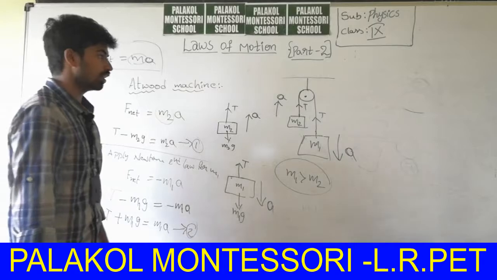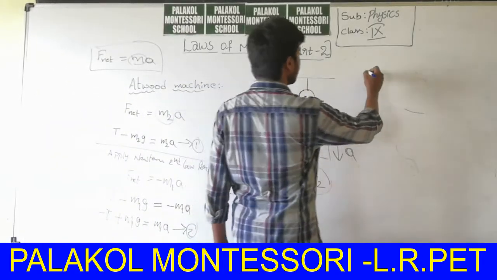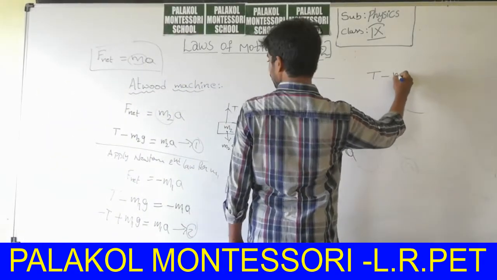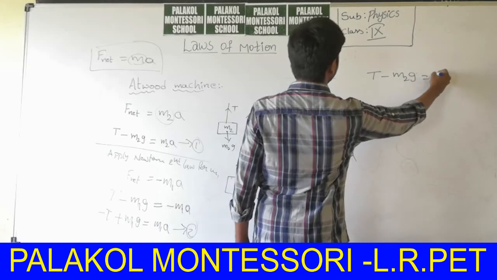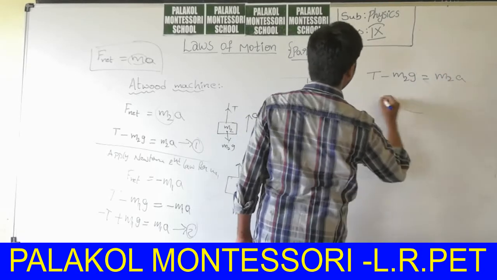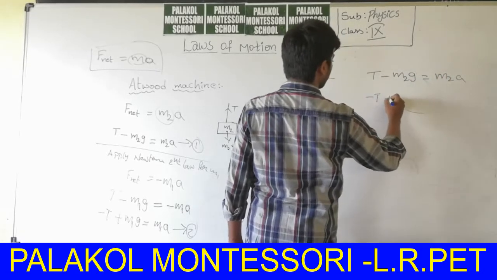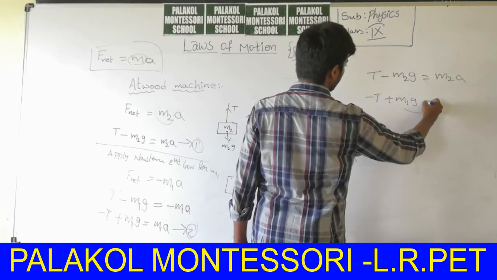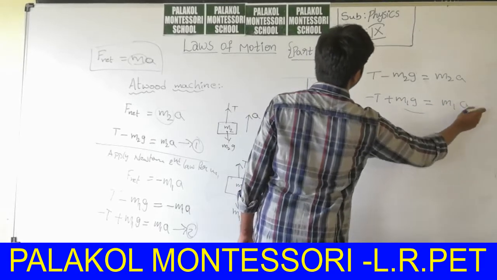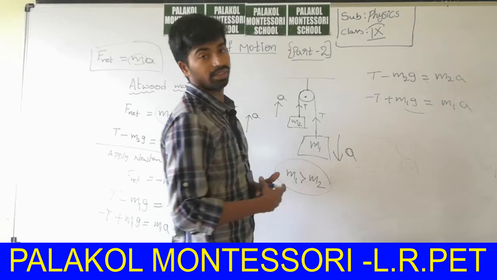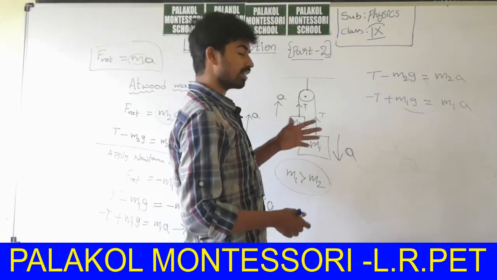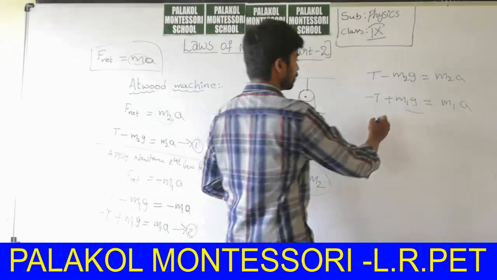What is the first equation? T minus m2g is equal to m2a, and minus T plus m1g is equal to m1a. These are the two equations. Let us add these two equations.